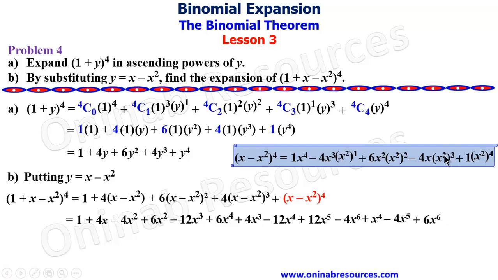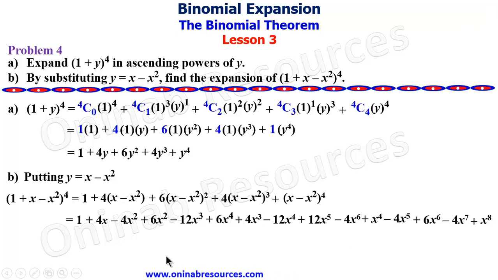This is 6 plus 1, 7, so we have minus 4x raised to power 7, and finally we have it as plus x raised to power 8. 2 times 4, 8. Then the next thing is collecting the like terms and simplify.